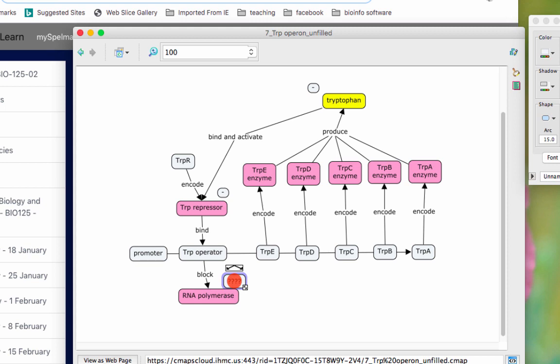So RNA polymerase will be turned on, and that's going to lead to the transcription of the coding genes here. As you can see, the logic is that when tryptophan is not available, the operon will be turned on, and that will allow the E. coli to produce tryptophan for itself.